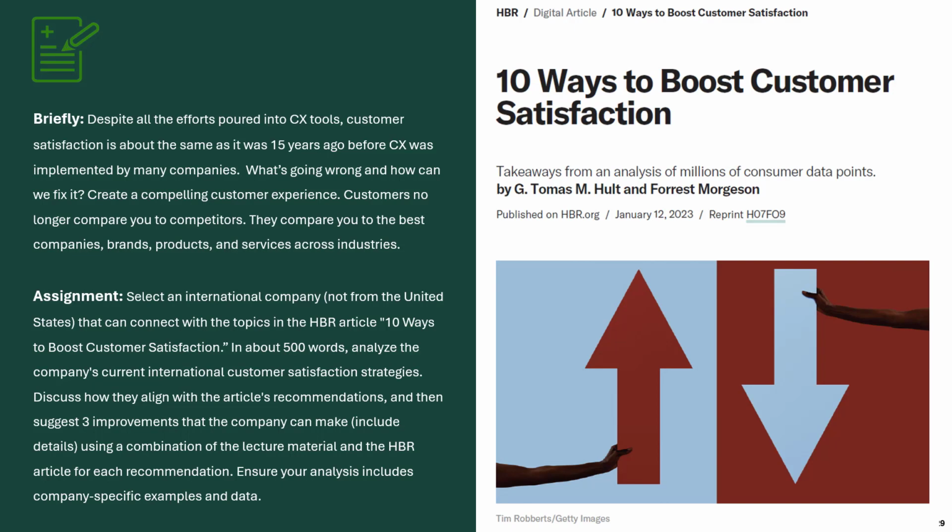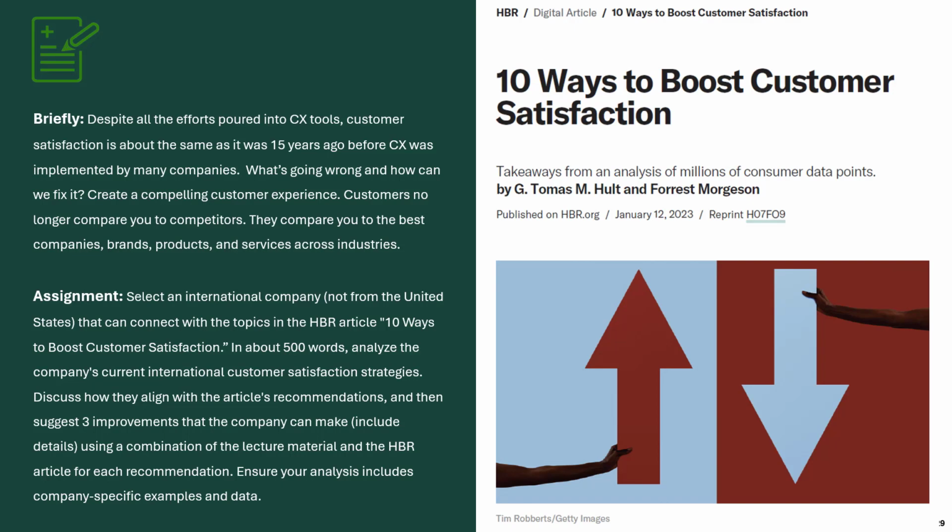The assignment is loosely titled Improving International Customer Satisfaction, and the prompt is to select an international company, not from the United States, or not headquartered in the United States, I should say, that can connect with the topics in the HBR article on the 10 ways to boost customer satisfaction. In about 500 words, that's a loosely targeted goal. It could be more or it could be fewer.